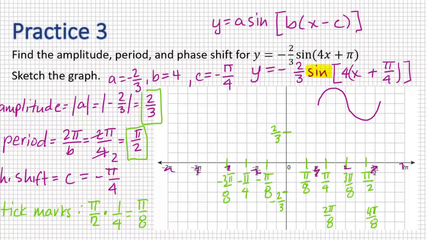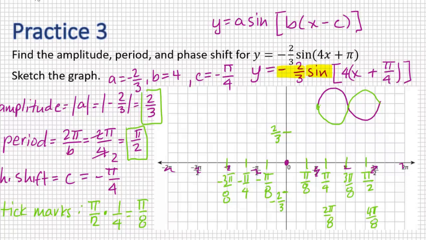That's true for values where a is positive. Since our value for a is negative, this gives us the reflection of sine. So instead of starting at 0 and going up, we'll start at 0 and go down to the minimum. 0 is still 0, regardless of what we multiply it by. And then in the third quarter, we hit our maximum until we end where we started.